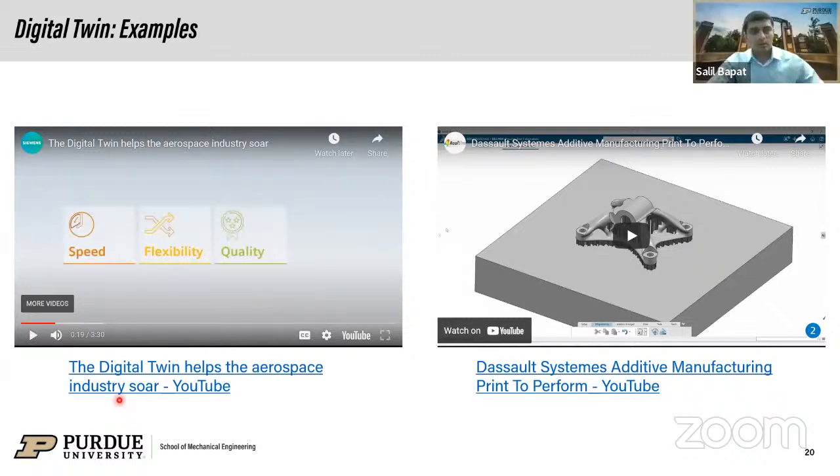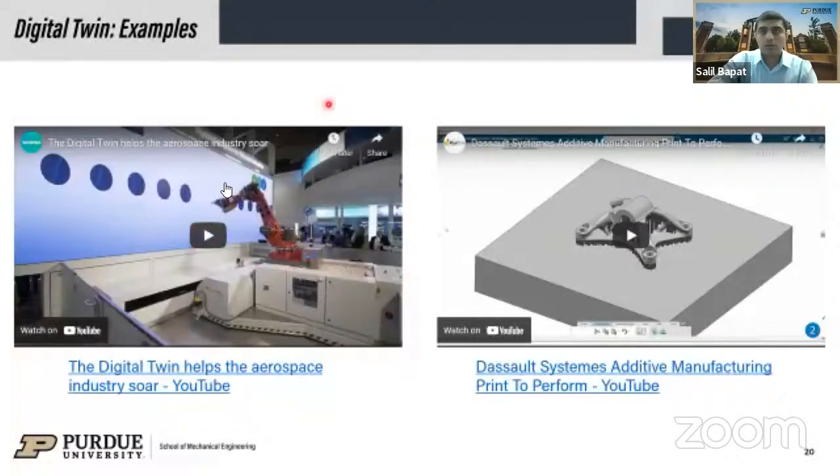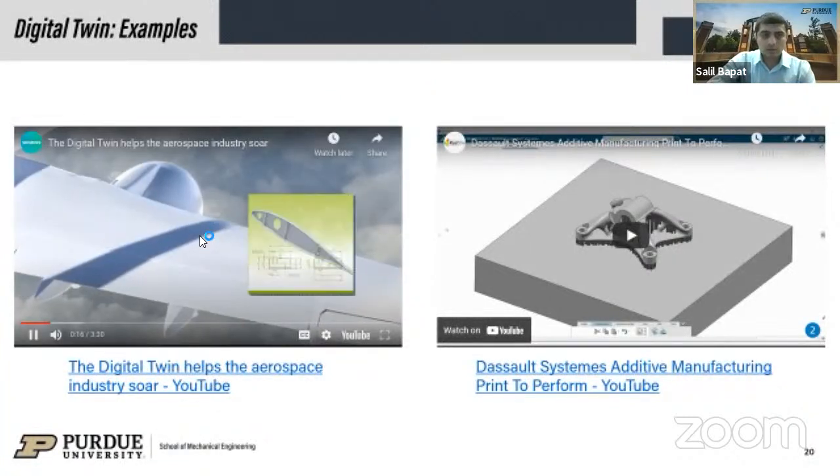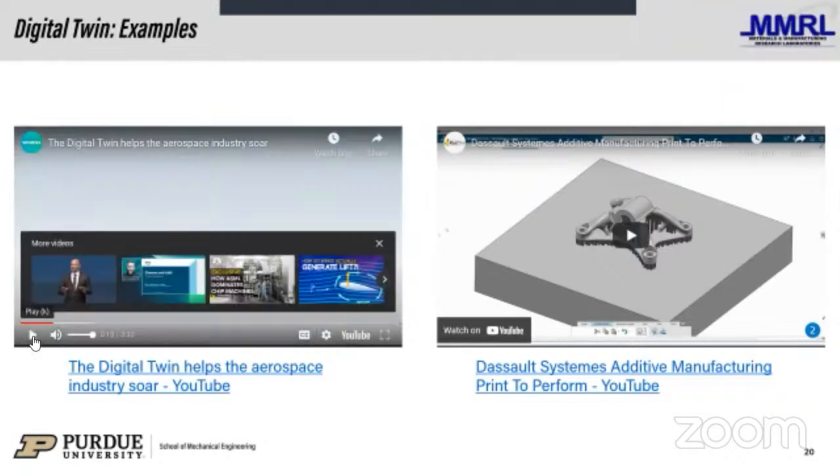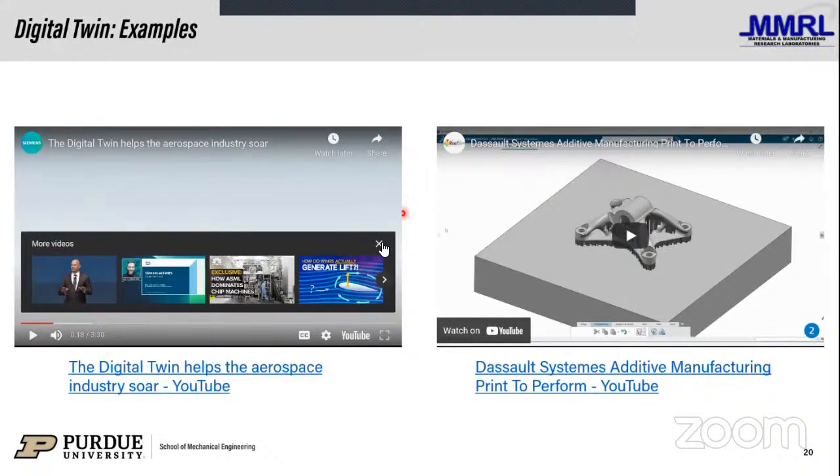Let me check the sharing options. Just give me one sec. Share sound. Perfect. Is it audible now? Yes, it is audible. Okay, excellent.